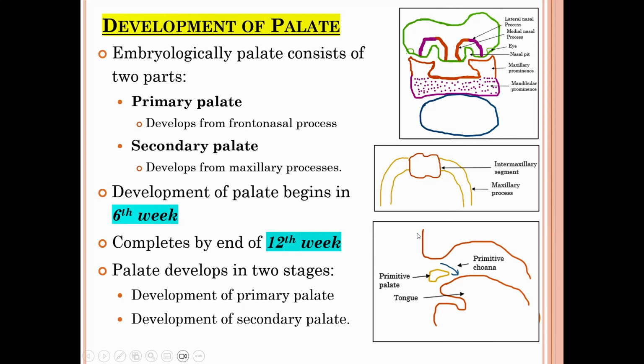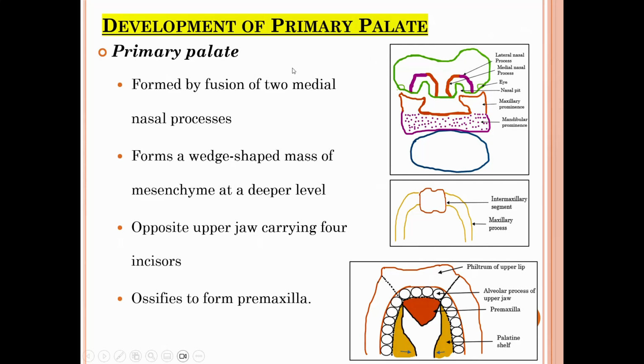So you remember this, here was the primitive nasal cavity, there was the primitive oral cavity, and here was the appearance of primitive palate. I told you already, primitive palate is coming from the intermaxillary segment. Okay, so the primary palate is formed by fusion of two medial nasal processes.